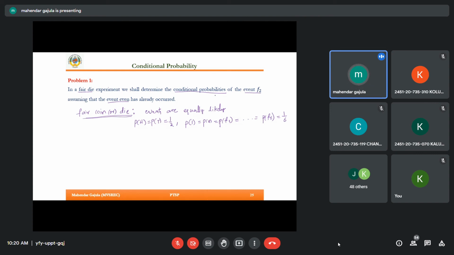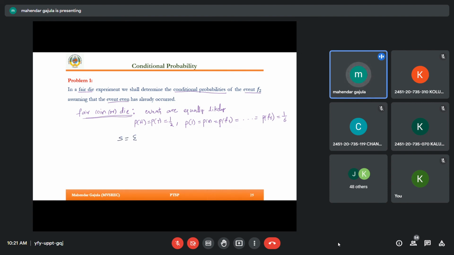Next, can someone tell me what is the event we have to find out in this? Event F2, we have to find the probability of event F2. And one condition is given. What is that condition? The event even has already occurred. First let us write the sample space.